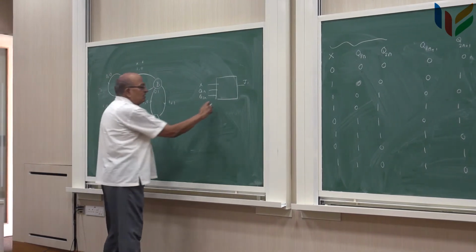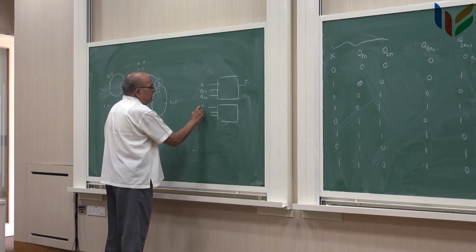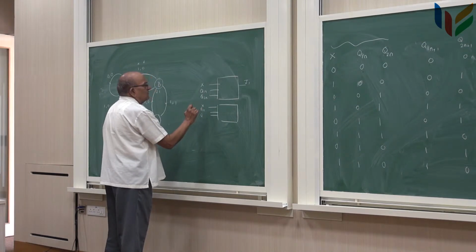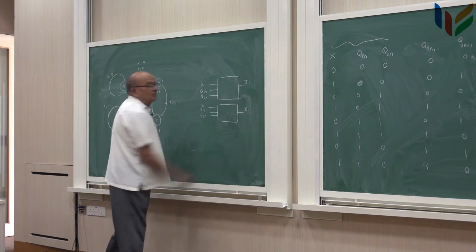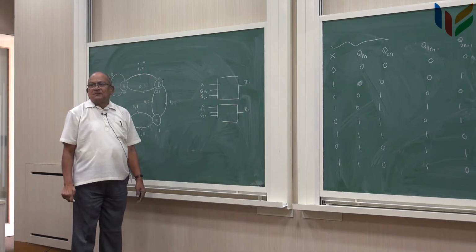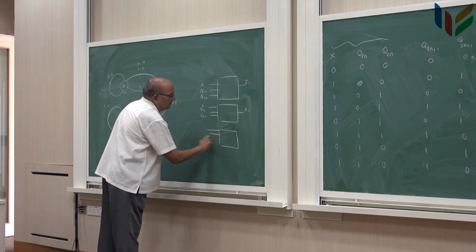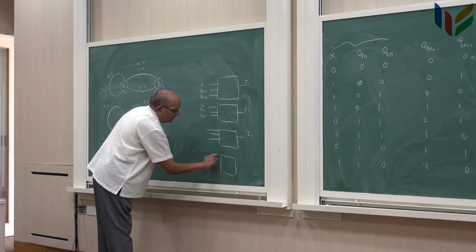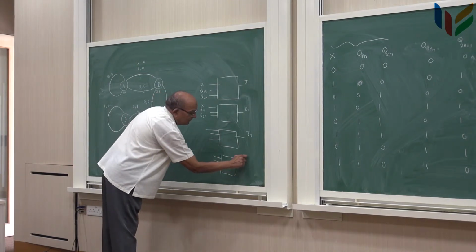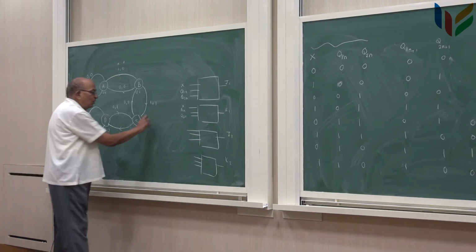And similarly, the same inputs with different combinations will give me K1, and so on and so forth, J2, K2. And also one more will give you the output.